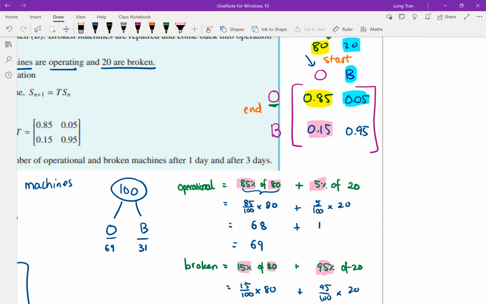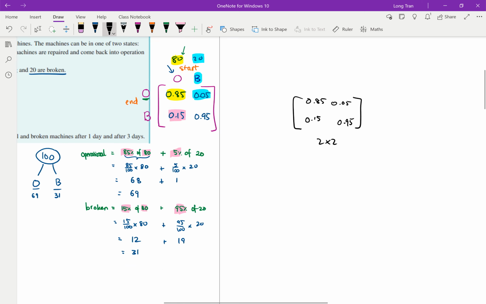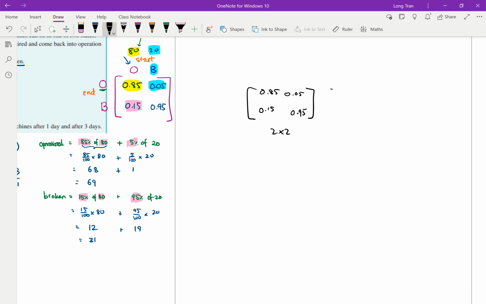And so actually, what you're doing in your matrix form is when you write 0.85, 0.15, and you do 0.05 and then 0.95, a 2 by 2 matrix, if you multiply this by the very start value, so starting value, which we had 80 operational and then 20 broken, this is a 2 by 1, and you can multiply them because these two are the same. That means your ending result should be a 2 by 1. So you should expect 2 rows and 1 column.